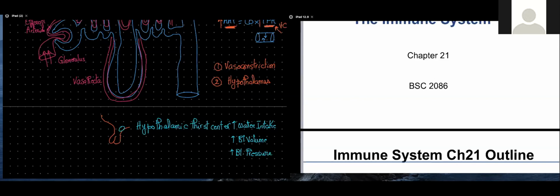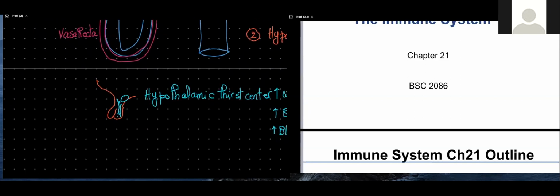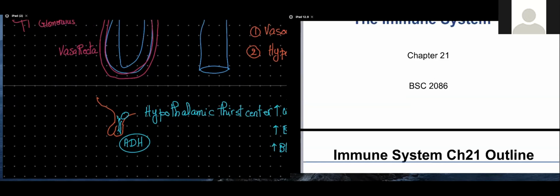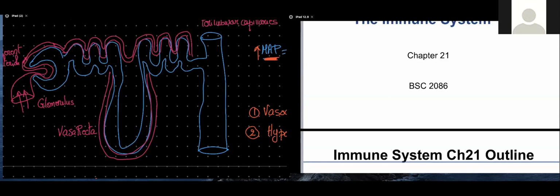Another effect on the hypothalamus would be to stimulate the hypothalamic cells to release the antidiuretic hormone through my posterior pituitary gland. And remember, what will the ADH do to your blood pressure and to your urinary secretion? Remember, ADH inserts channels within the tubular cells of the collecting ducts.